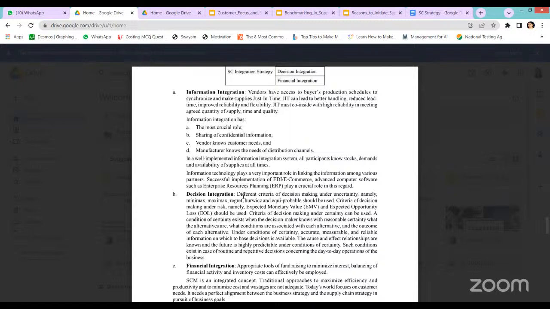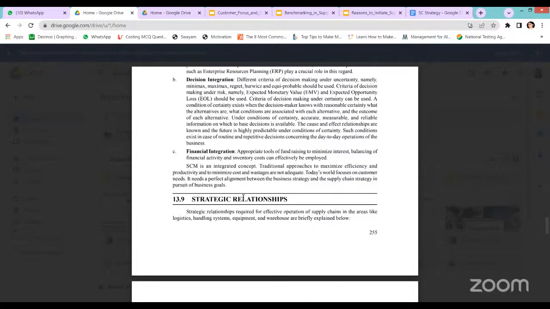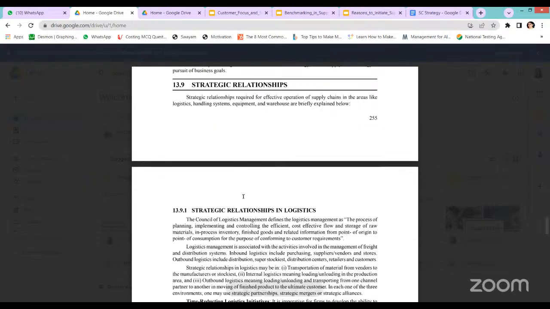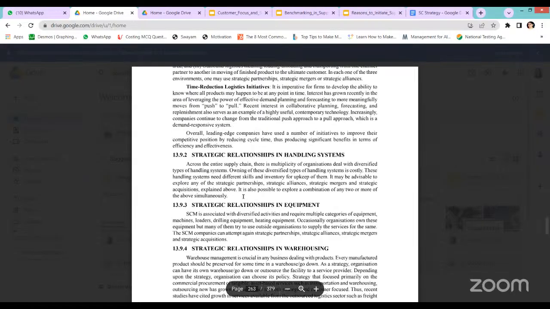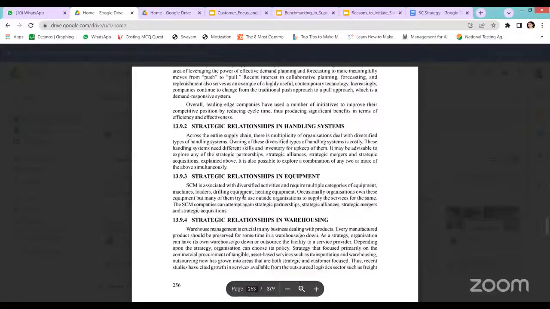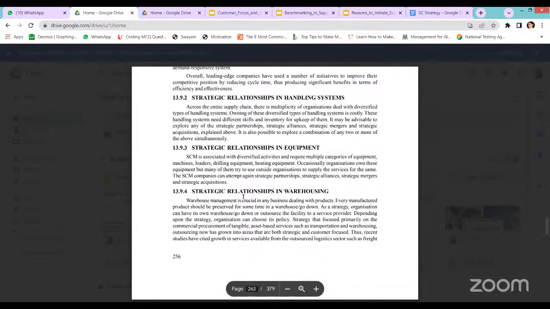Inventory issues, with maintenance of inventory and cost, and inventory management. And customer service issues, with the service strategy, cost strategy, and revenue strategy. Now coming to the strategic relationships: handling systems, relationships in equipment, relationships in warehousing.